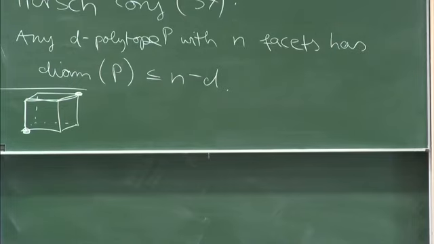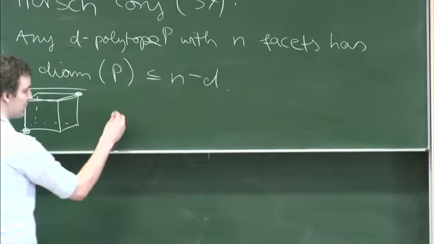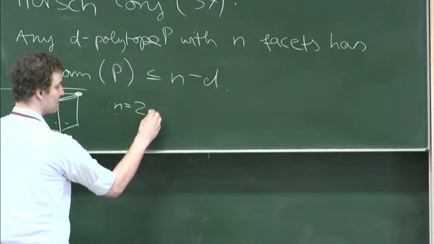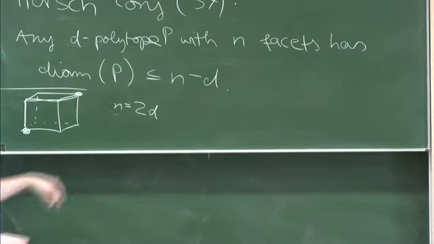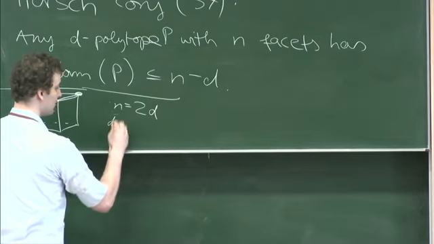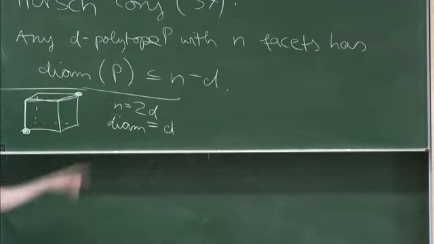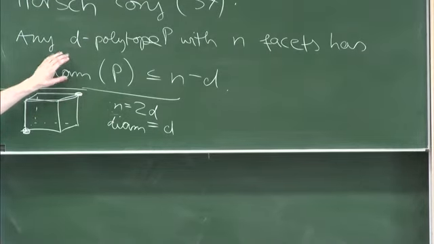So 3 is the diameter, and it has 6 facets, and it's of dimension 3. In general, in higher dimensions, the cube has n facets, which is 2 times the dimension, and the diameter in this case is also equal to d. So it fulfills this Hirsch conjecture with equality.